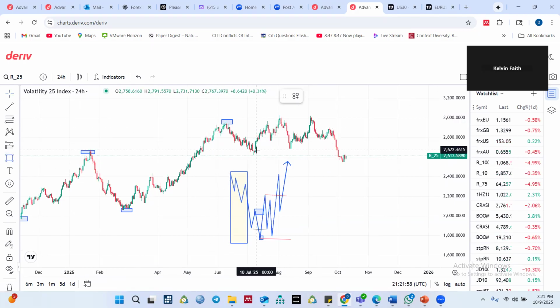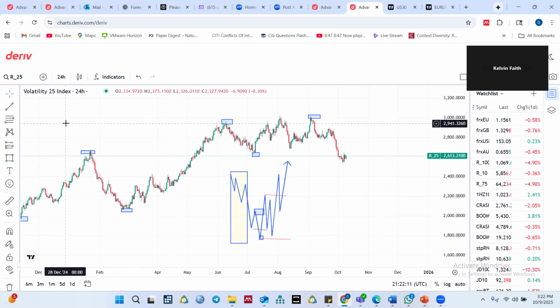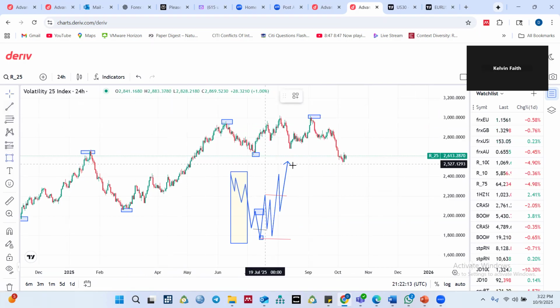Just take any chart on any time frame. Maybe let's start with the higher time frame, because that is what is going to give you a better view. All the highest points on the chart, you can view as external liquidity points.